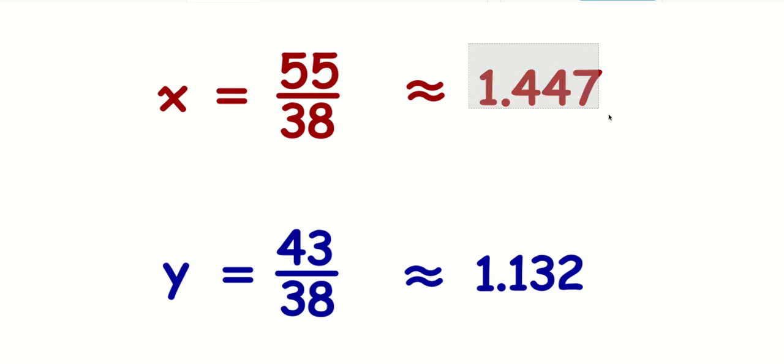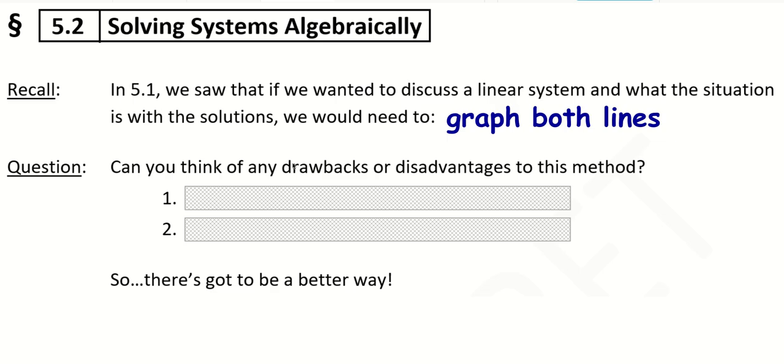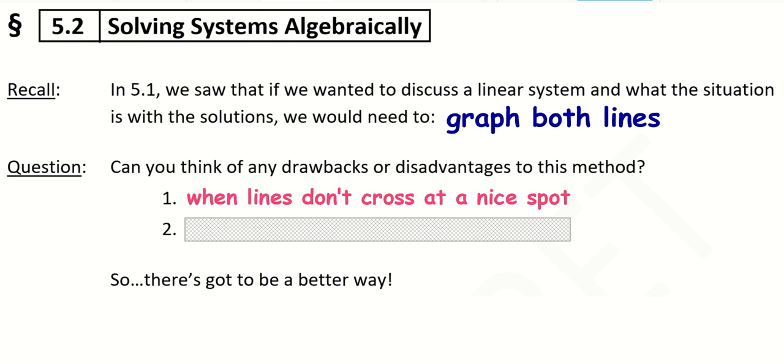And these are the approximations just to 3 places, but these are approximations. So these are the exact answers. So how are you supposed to tell that just with the graphing method? Well, you can't. That's one of the drawbacks. That's one of the weaknesses with the graphing method for solving a system.